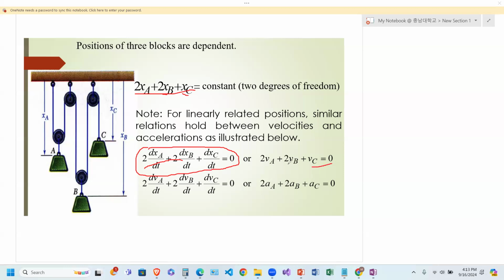Again, if we differentiate a second time, we are going to have acceleration. Now we shall have twice the acceleration at point A plus twice the acceleration at point B plus the acceleration at point C. This should give you 0.